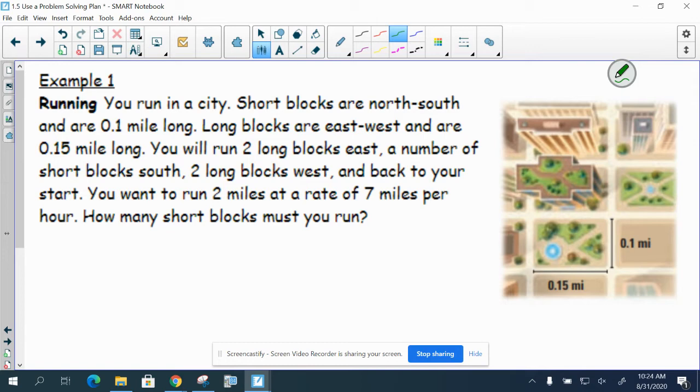So the first thing we should do is assign variables. If we're trying to find the number of short blocks we've gone, let's let that be represented by the letter S. So remember, dirt is distance equals rate times time.